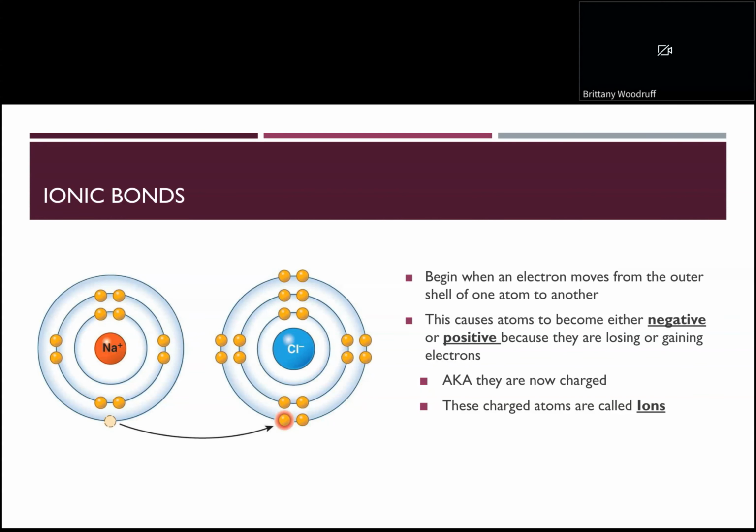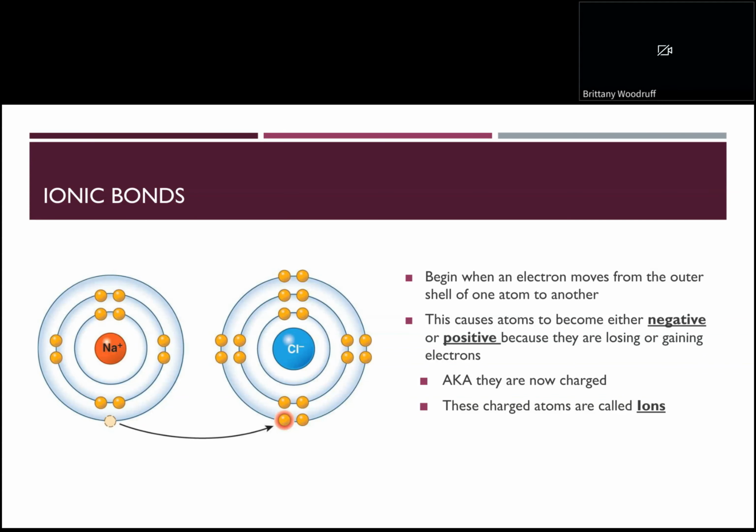Now, if you have more protons than you do electrons, what happens? If you have more protons, you're positive, because protons are positively charged. You have that imbalance between the protons and electrons now. So chlorine is going to be negative.